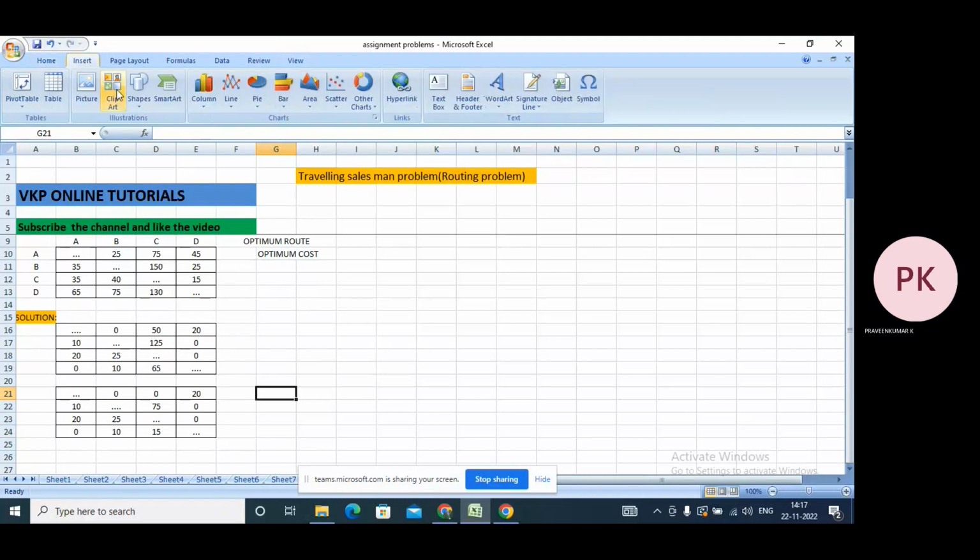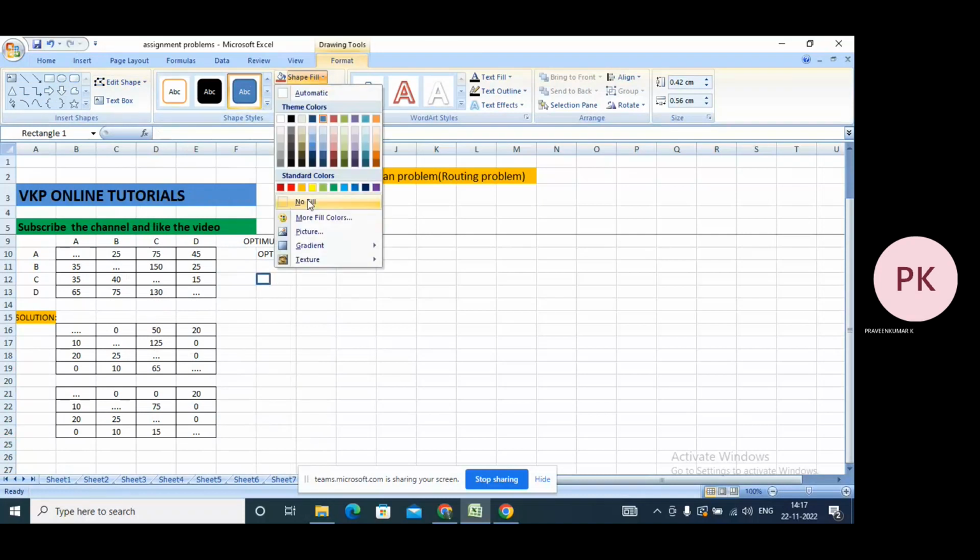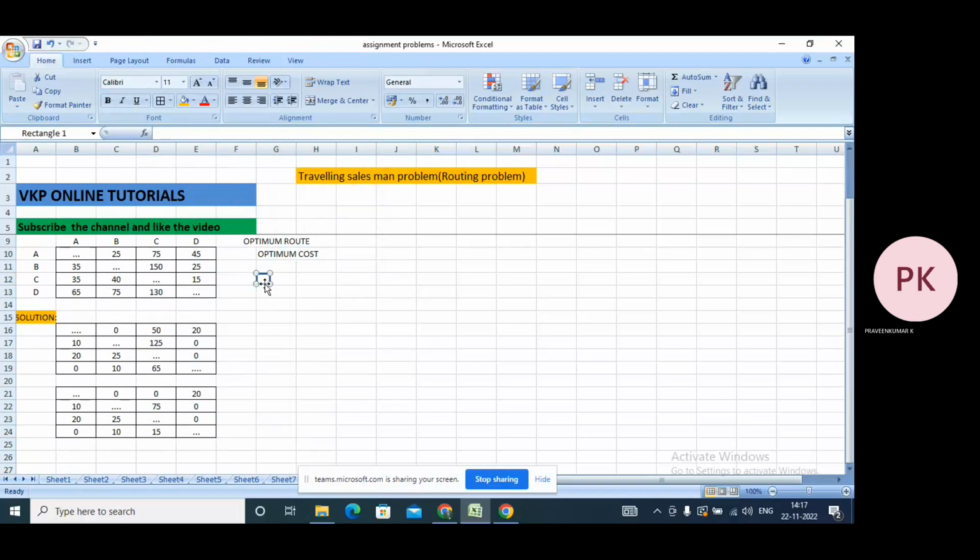Now see, the first row has two zeros. I'll not allocate the first row, and go to the second row.